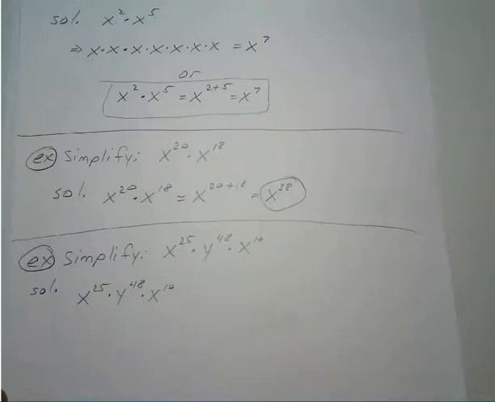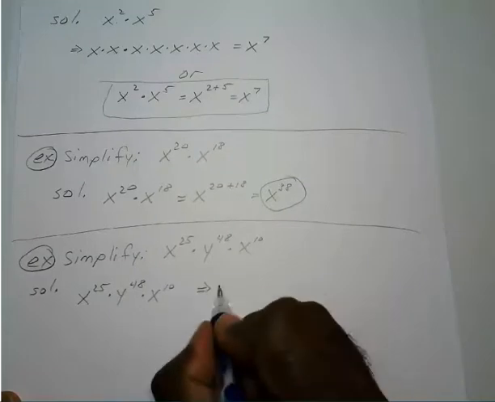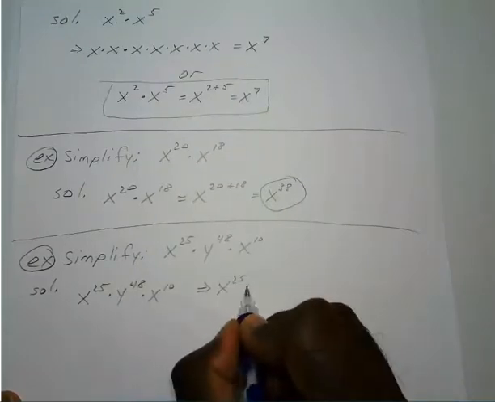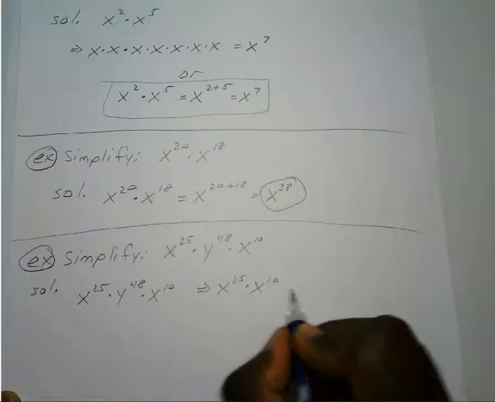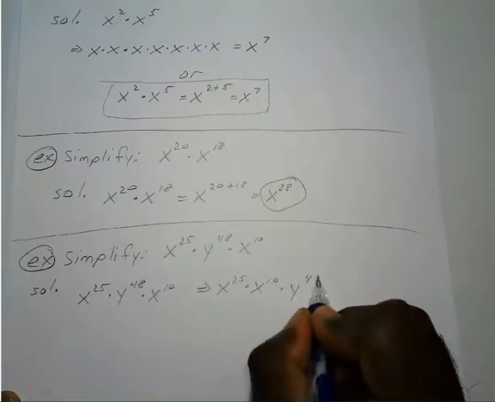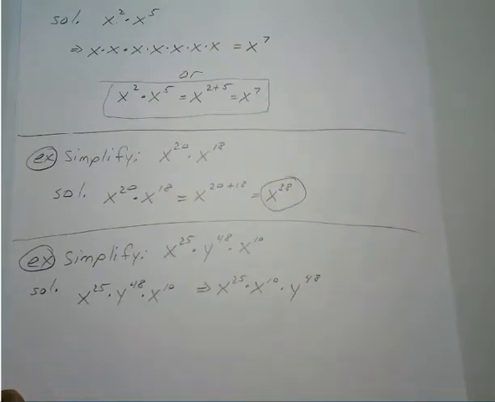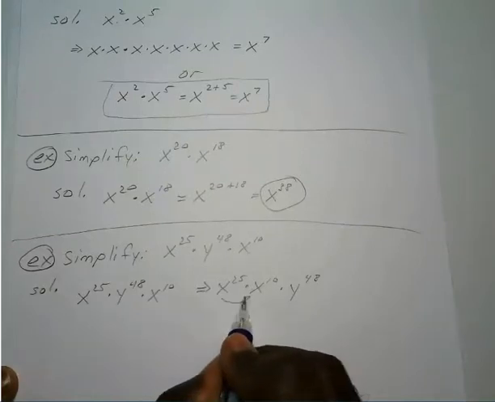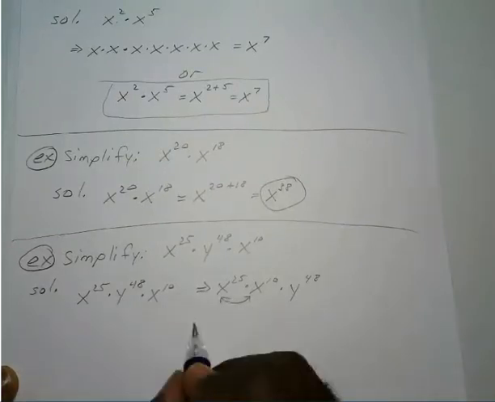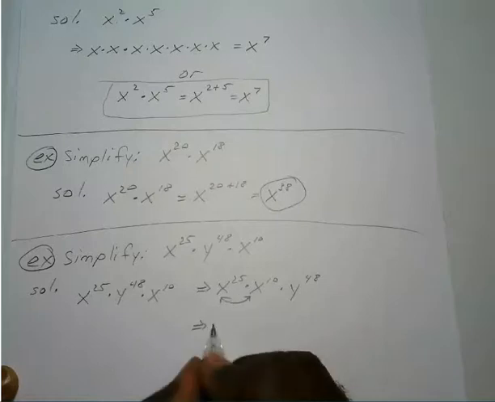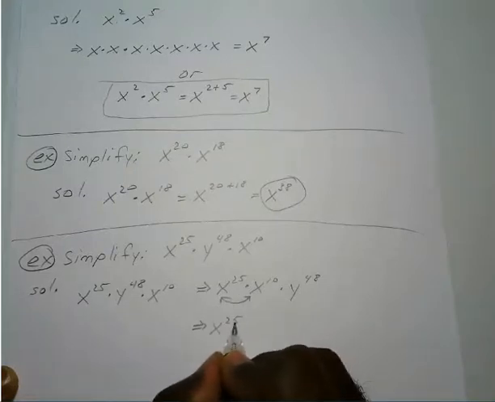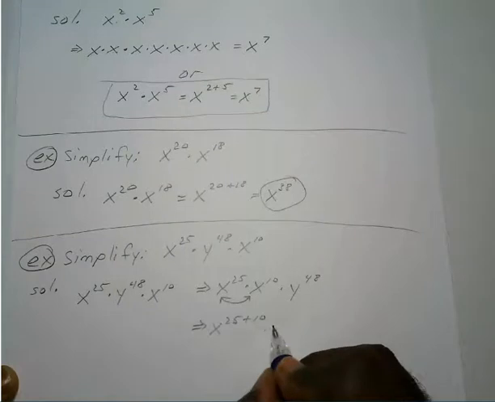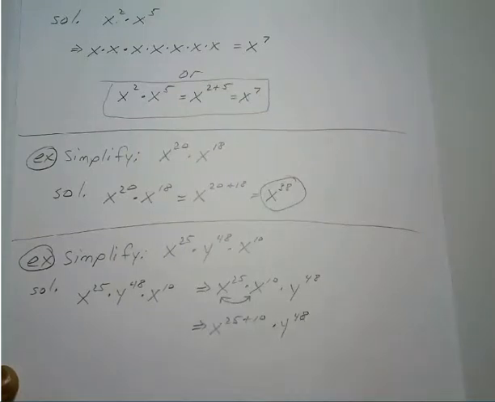Remember, multiplication is commutative, so you can move these around. So if you wanted to rewrite them, you can make it x to the 25th power times x to the 10th power times y to the 48th power, which means you can combine those two. So that's x to the 25th plus 10 times y to the 48th power.